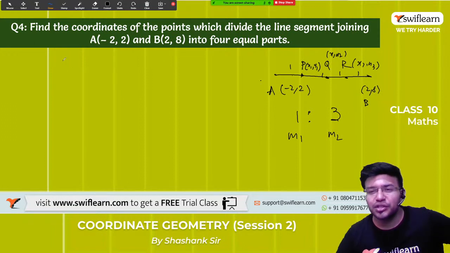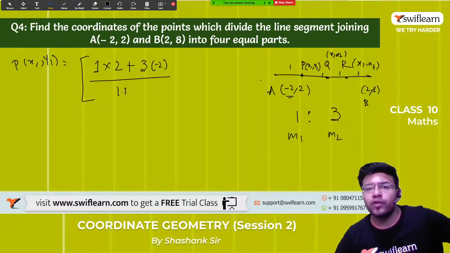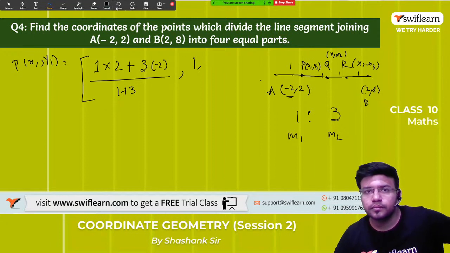Now, using the section formula, the coordinates of P x1, y1 is given by M1 x2, which is 2, plus M2, which is 3, into x1, x1 is -2, divided by M1 plus M2, comma M1 y2, M1 into y2 plus M2 into y1.